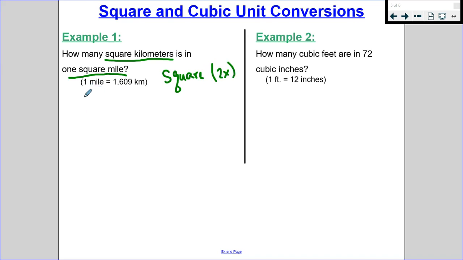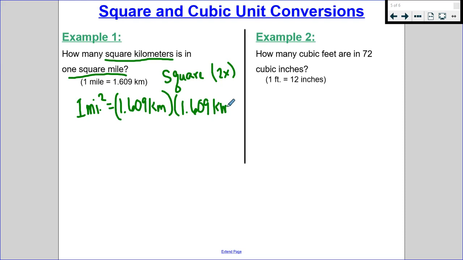So if I have 1 mile equal to 1.609 kilometers, that means that 1 square mile is going to be 1.609 kilometers times another 1.609 kilometers.